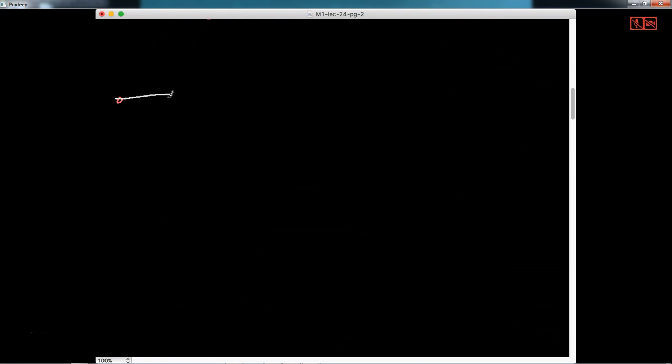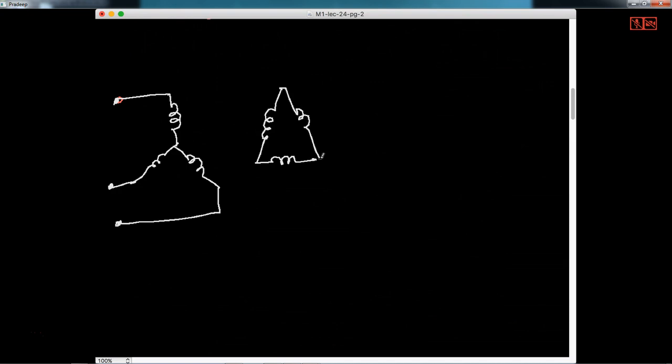Three-phase supply, then a star connection for the windings, then a delta connection. This is the core, this is the primary and this is the secondary. I'll write the ratings.